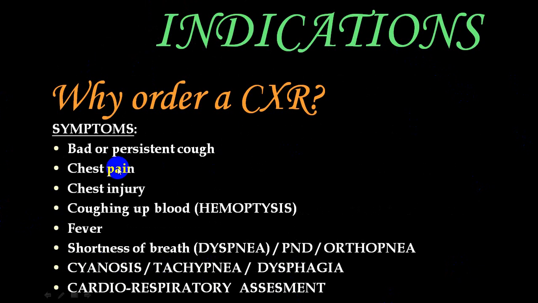There are also other indications if the person complains of any one of these symptoms: persistent cough, chest pain, a chest injury, hemoptysis, fever with complaints like cough, expectoration, hemoptysis, shortness of breath, dyspnea, PND, orthopnea, cyanosis, tachypnea, dysphagia, cardiorespiratory assessment, etc. You will ask for an X-ray chest.